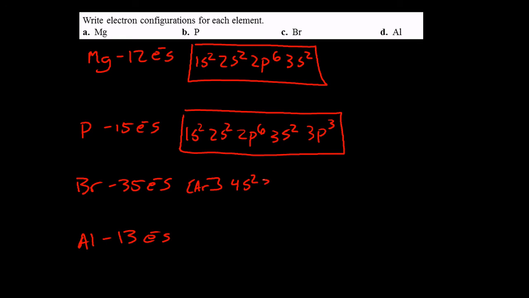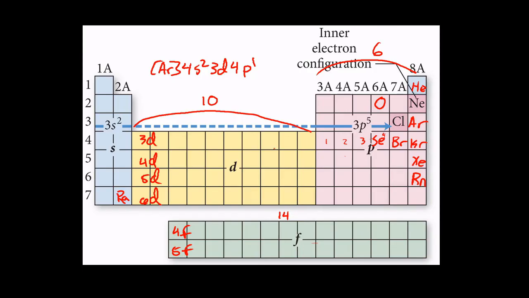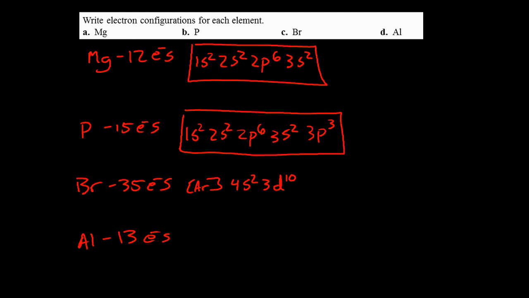We're going to go all the way across the 3ds, 3d10, and then if we count the number of elements into the 4p, 1, 2, 3, 4, 5 elements in to the 4p, which means that it is going to be 5 electrons in the 4p. So 4p5.